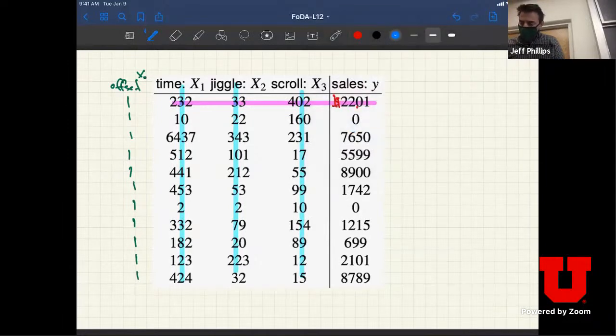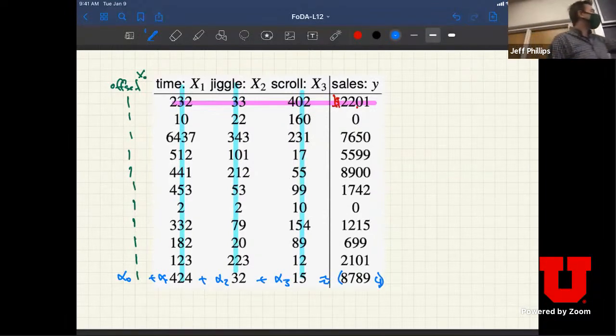To predict this, I'm going to say alpha 0 times 1 plus alpha 1 times the x1 value plus alpha 2 times the x2 value plus alpha 3 times the x3 value is going to be approximately equal to this y value.